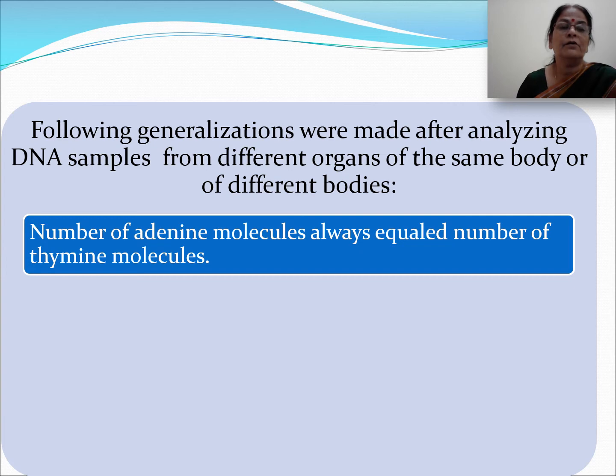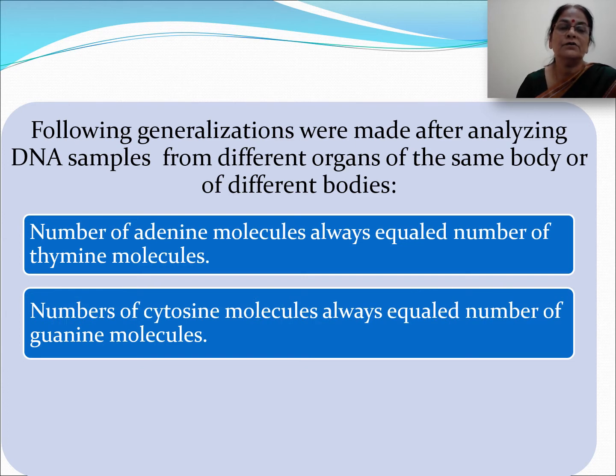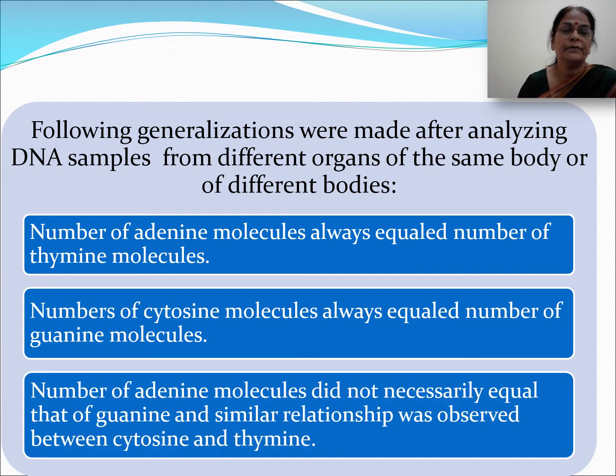The number of adenine molecules always equals the number of thymine molecules. The number of cytosine molecules always equals the number of guanine, because adenine pairs with thymine, cytosine pairs with guanine. But the number of adenine molecules did not necessarily equal that of guanine, and a similar relationship was observed between cytosine and thymine.